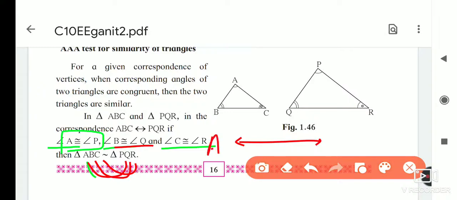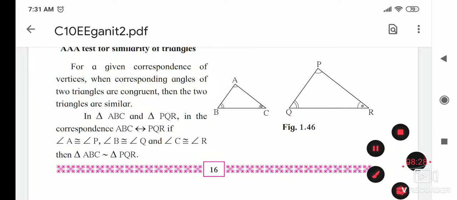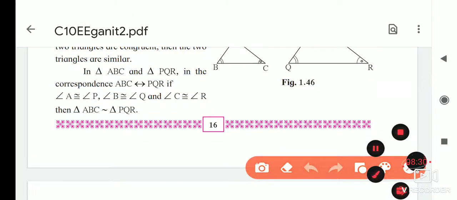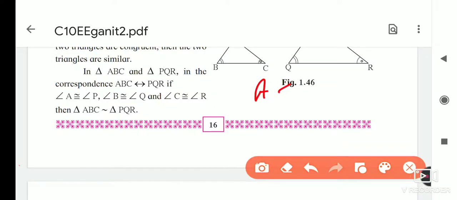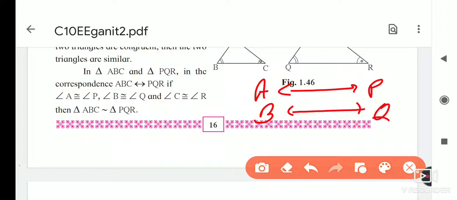It means the correspondence of A is with P, B with Q, C with R.